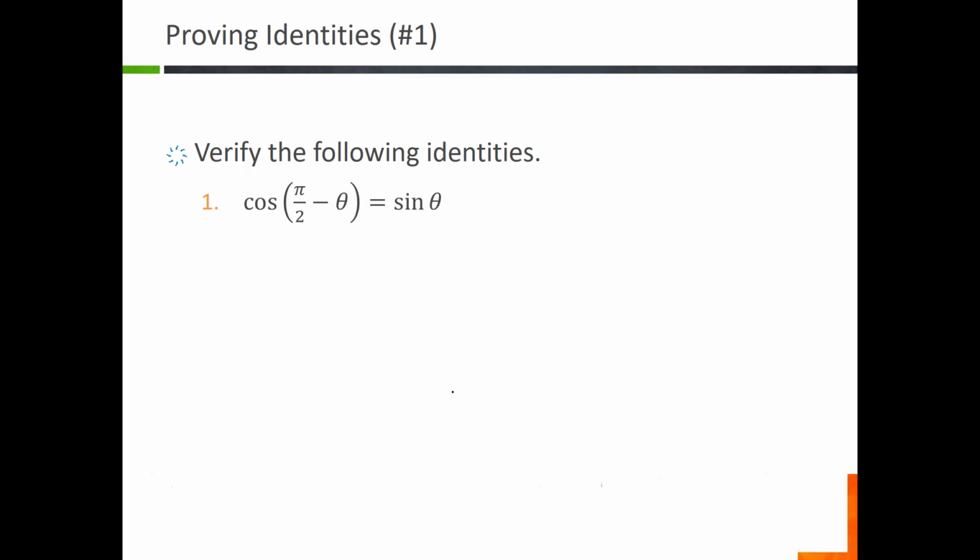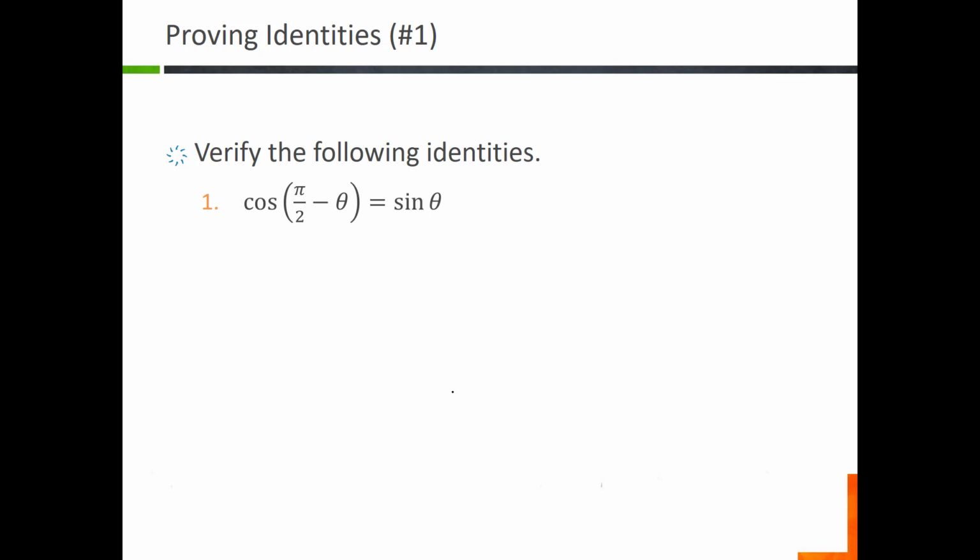That's one of our complementary identities. And so you'll just be like, yes, that's true, and we're done. We'll just make that substitution. We'll say that cosine of pi over 2 minus theta is equal to sine of theta, and so it's done and done. But we can't. We're actually trying to prove the complementary identity, so you can't use the complementary identity to prove itself.